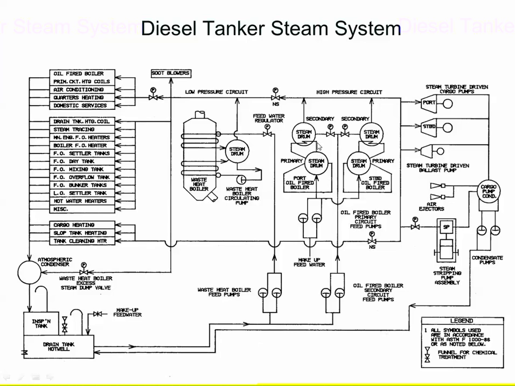The gas goes up, heats the water in this drum, condenses down to liquid, and then flows back to the drum again. So it's a closed loop system, with almost no chance of leakage. This is all welded together piping.